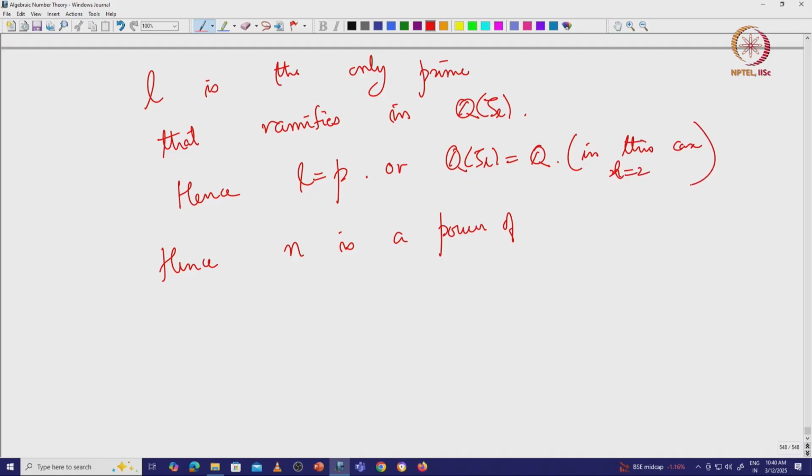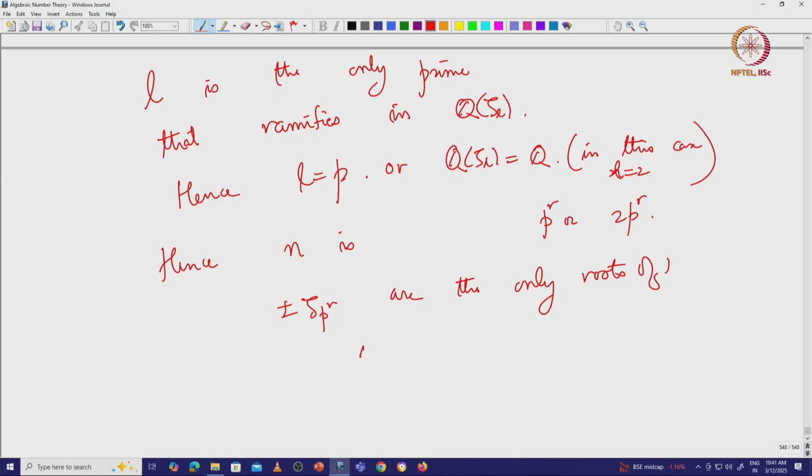So, hence n is a power of p or 2 times a power of p, hence n is p to the r or 2 times p to the r, right. That is the only possibility. So, plus or minus zeta_{p^r} are the only roots of unity inside Q(zeta_{p^r}).